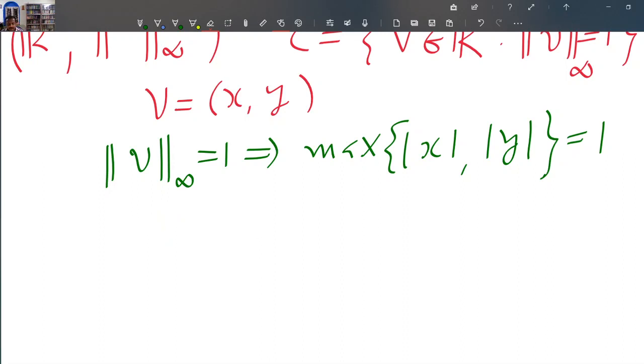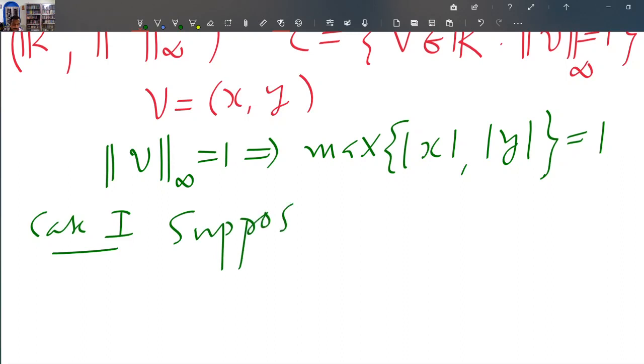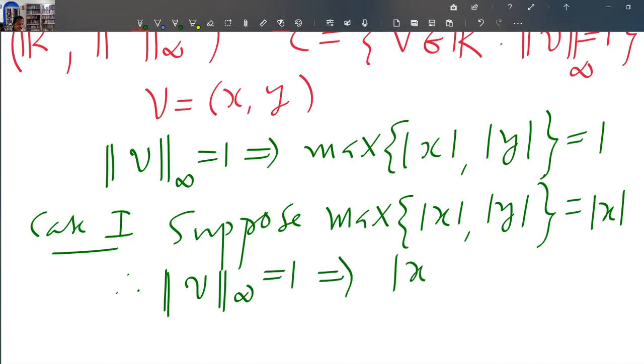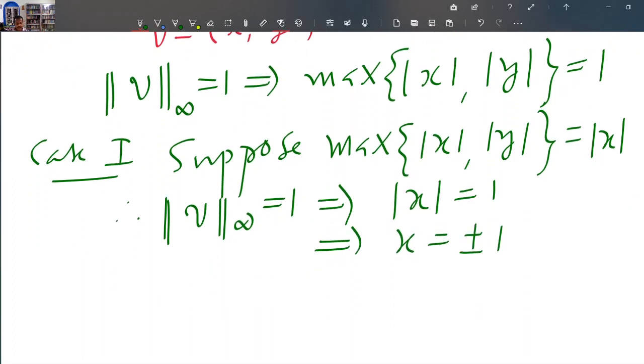Case 1: suppose the maximum of modulus of x comma modulus of y is modulus of x itself. Therefore the norm of V equal to 1 implies modulus of x equal to 1. This implies x will be equal to plus or minus 1. That is the first situation.